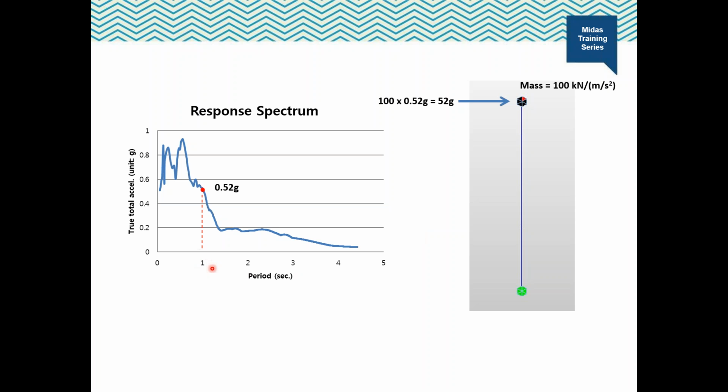The acceleration read from the response spectrum is 0.52 g. So the base shear will be 100 times 0.52 g or 52 g. All other response displacement, forces, reactions can be obtained by applying the base shear force 52 g to the level of mass.